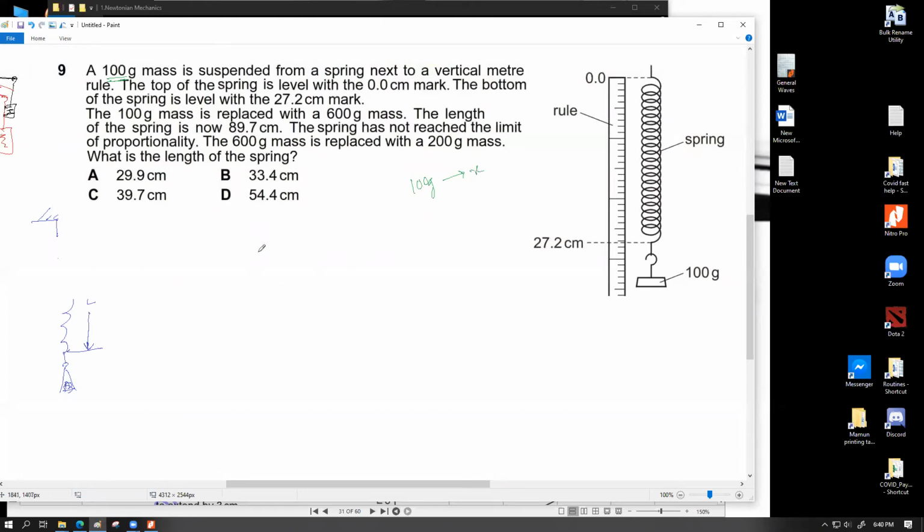So following the formula F equals kx, I can write 100 into g, where g is the gravitational acceleration, mg equals k into L plus x. See if it makes sense. Did I just write it wrong?